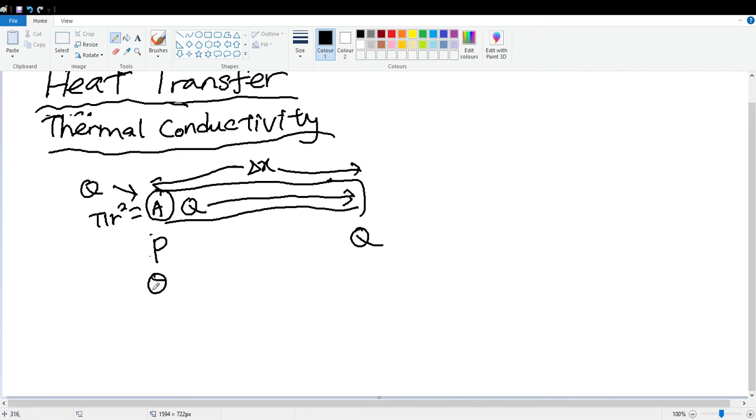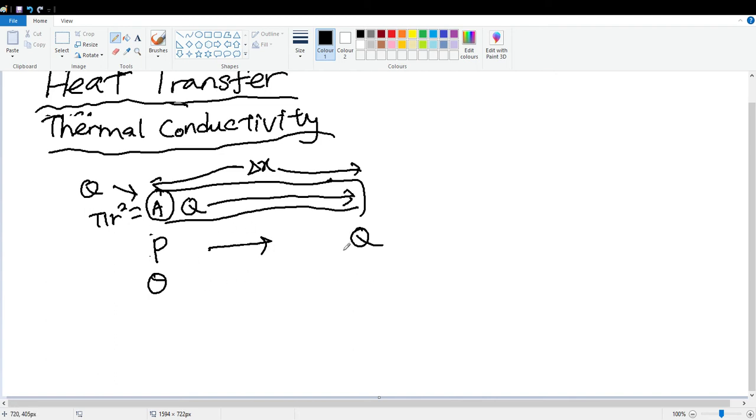This theta is much higher than the temperature of other points, because the heat supply started at point P. So in order to achieve thermal equilibrium, the heat will move from point P to point Q.